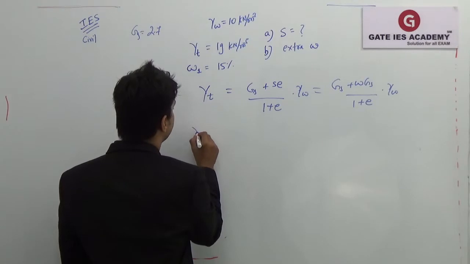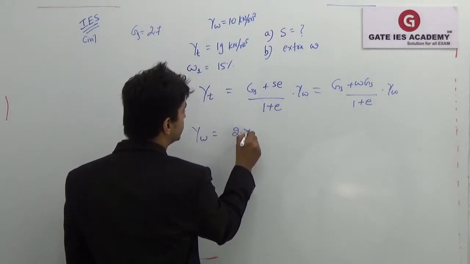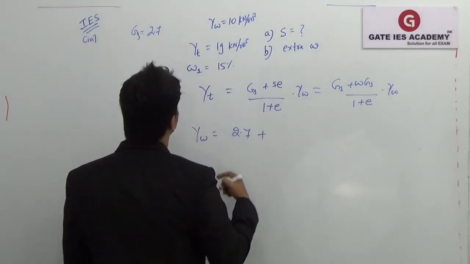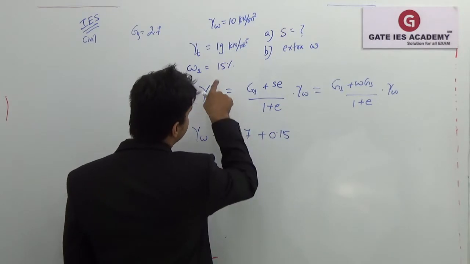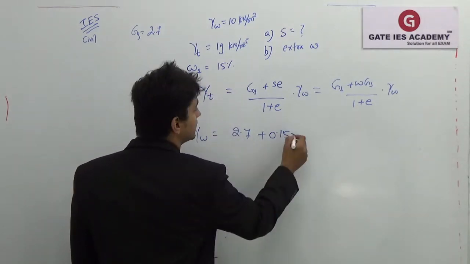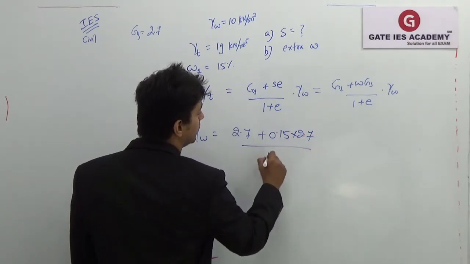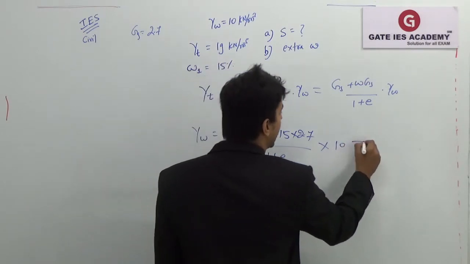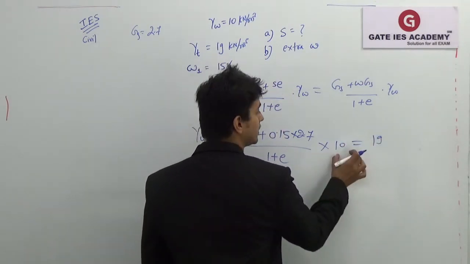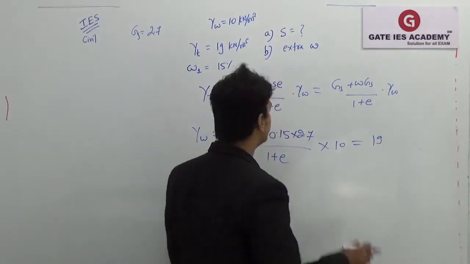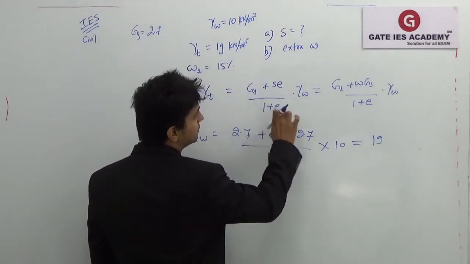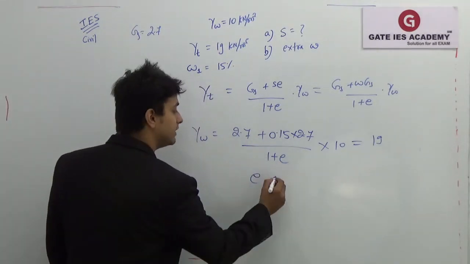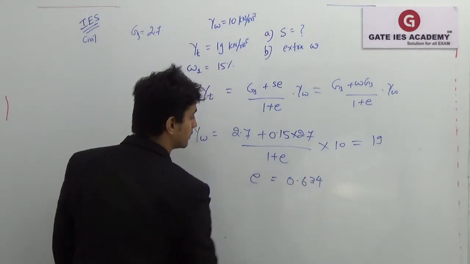Our gamma T will be equal to (2.7 plus 0.15 times 2.7) upon (1 plus E) times gamma W. W is 0.15, the W1 which we consider initially. Gamma W we are asked to assume as 10, and that is given as 19. The kilonewton per meter cube units cancel because these terms are unitless. So from here, I'll get the E value, which is 0.634.